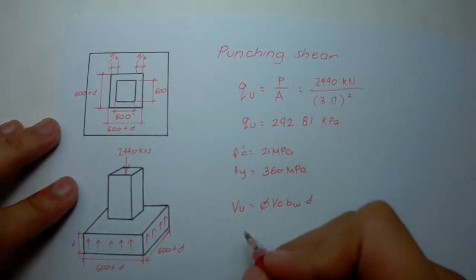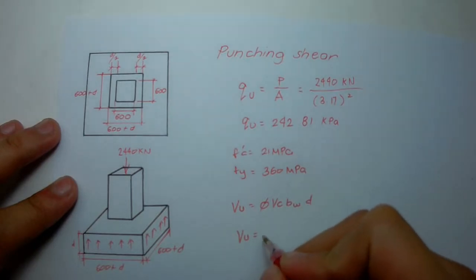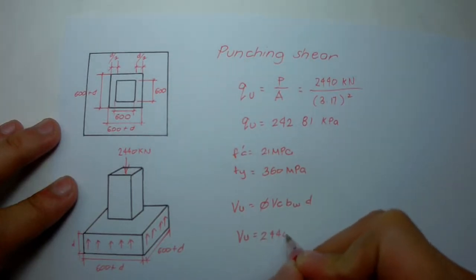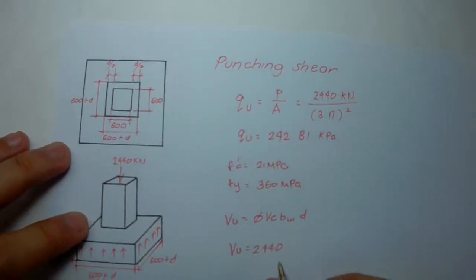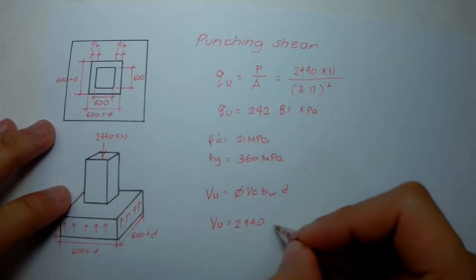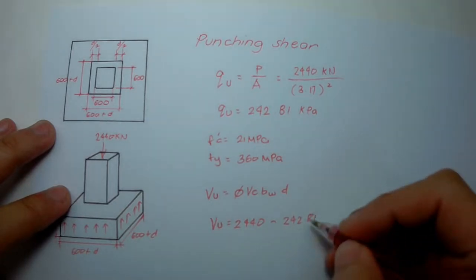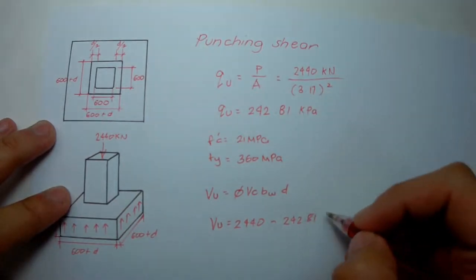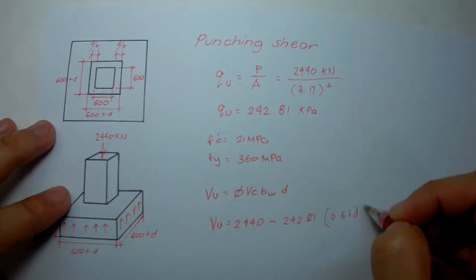Vu is equal to 2,400 kilonewton, our factored load, minus 242.81, which is our qu, times (0.6 + d) squared.